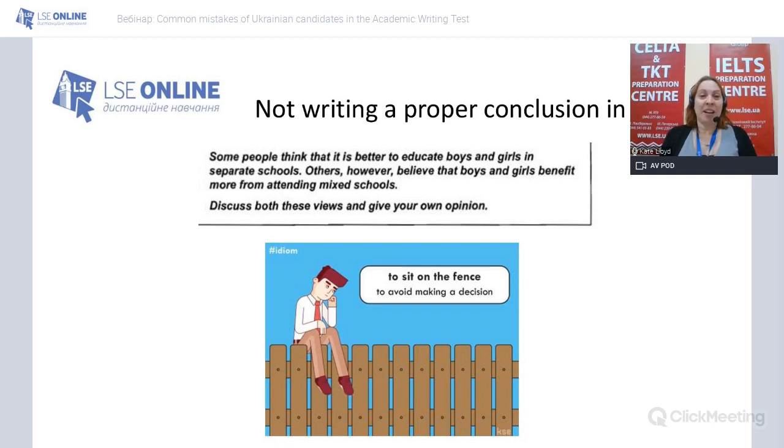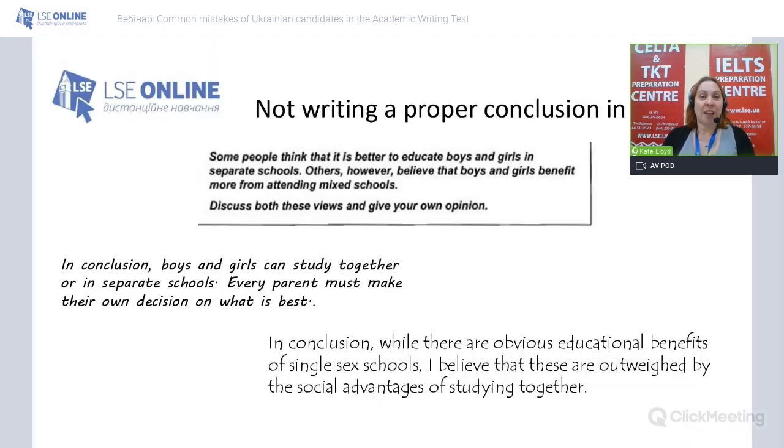Your writing examiner is never going to see you again. He's never going to meet you. They're probably in a totally different country, not even in Ukraine. So it doesn't matter what opinion you write, just write an opinion. For example, here is a better conclusion. So while there are obvious educational benefits of single-sex schools, I believe that these are outweighed by the social advantages of studying together.